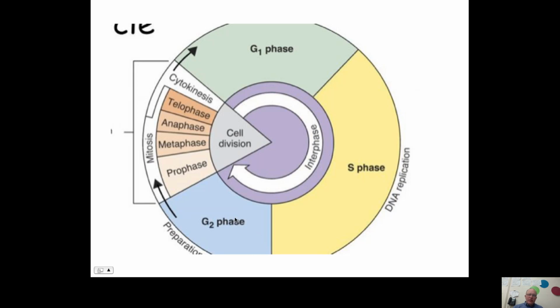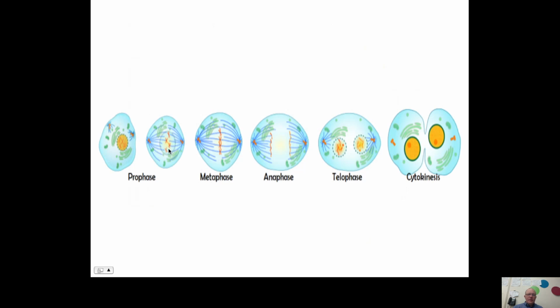G2, we go into another preparation for mitosis, where the cell goes through the different phases of division. Prophase, you begin to see the chromosomes form inside the nucleus.